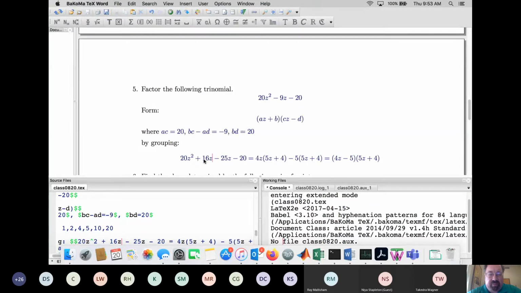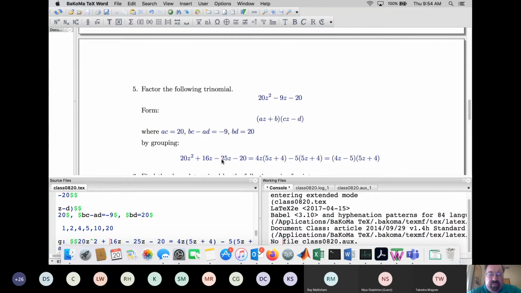So if I chose a different combination, instead of 16 and minus 25, suppose I chose, let's say, 14z minus 23z. Well, that does add up to minus 9z, except if I have a 14 here and a 23 here, 14 and 20 do have a common factor, so I could have factored out something there.